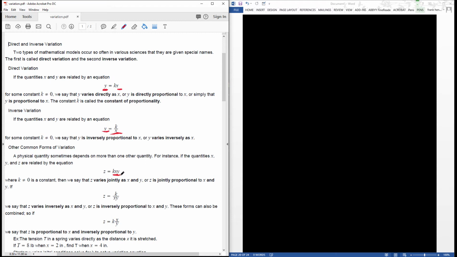In this next relationship here, we say that z varies inversely as the product of x and y, or z is inversely proportional to x and y.